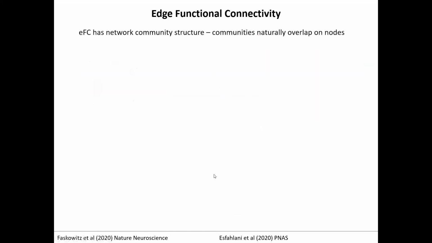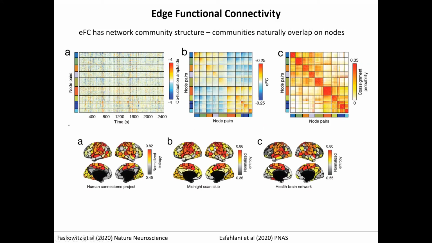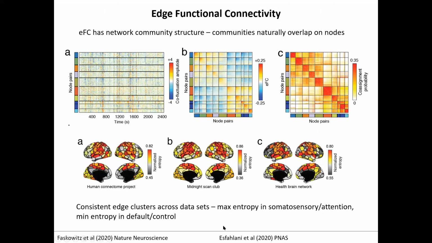And we can then do interesting things with EFC, look at communities which now have overlap on nodes, reproducible across different cohorts, and show interesting patterns that relate to differences in some other sensory, attention and default control networks. And the papers that Josh has, especially the first paper in Nature Neuroscience, quite substantial, 20 supplementary figures, lays that all out in much detail.